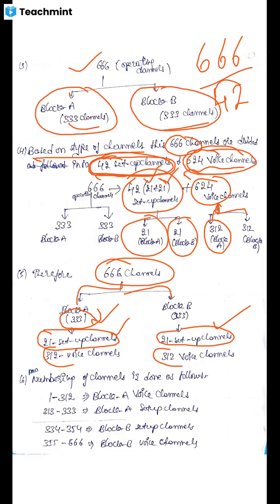In the 333, 21 are setup channels and 312 are voice channels. The same holds in block B.